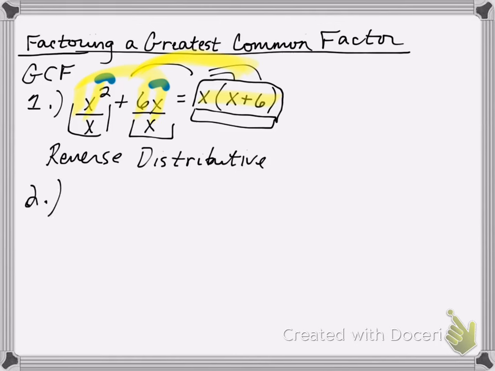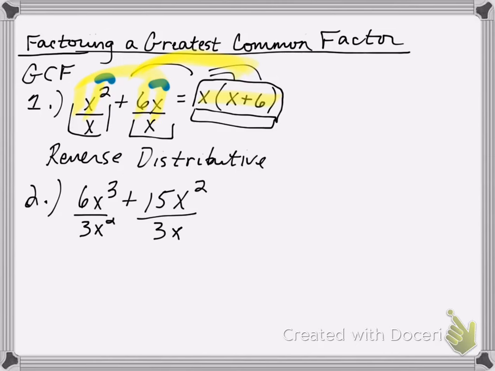You have 6x cubed plus 15x squared. Anytime you want to pause the video, just pause it and work it yourself if you want to, and then you can come back and check it and watch me work it out. On this one, the GCF will be 3, because 3 is the biggest thing that goes into 6 and 15. You'll also notice again there's a common x, and this time the smallest exponent is 2.